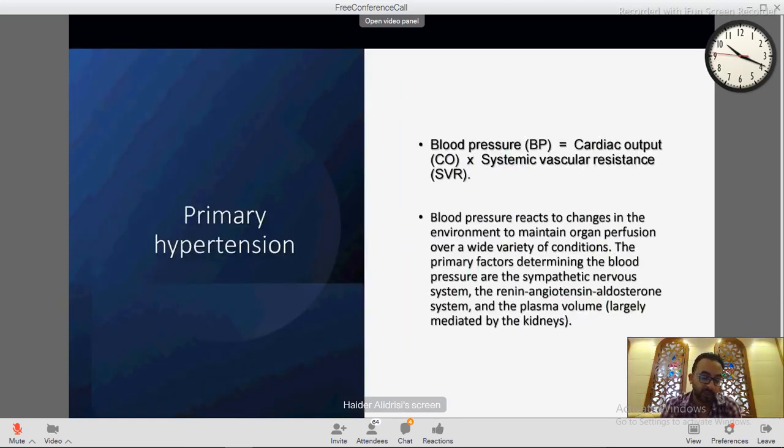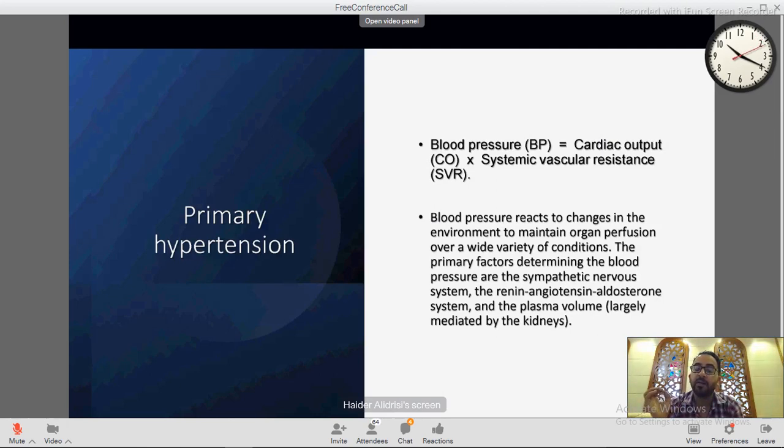Blood pressure is a measure that depends on the cardiac output and the systemic vascular resistance. So a disease or any abnormality that affects the heart, such as an increase in the cardiac output, or that results in an increase in the systemic vascular resistance, will result in elevation of the blood pressure.